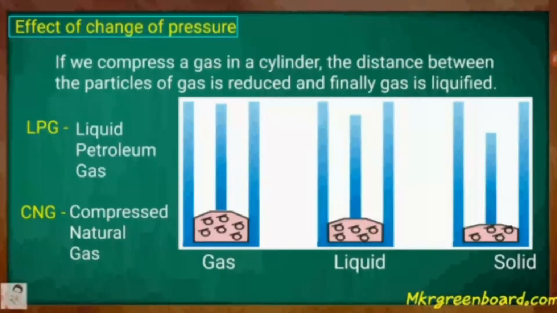Comes the effect of change of pressure. If we compress a gas in a cylinder, then the distance between the particles of the gas is reduced and finally the gas is liquefied. Here see this picture. Here there are 3 cylinders.